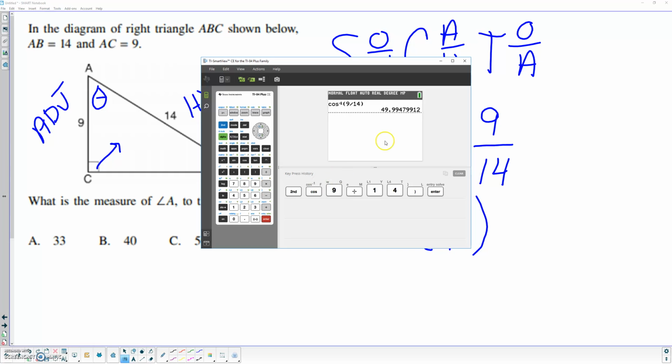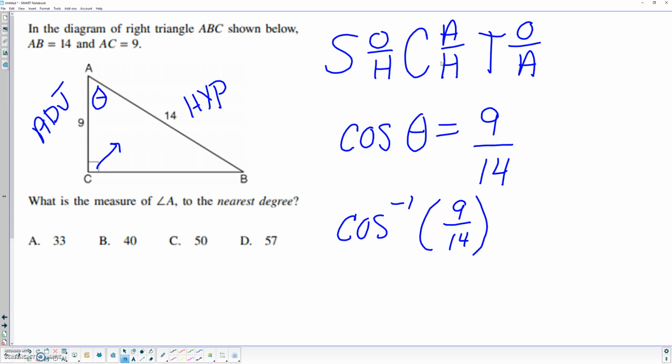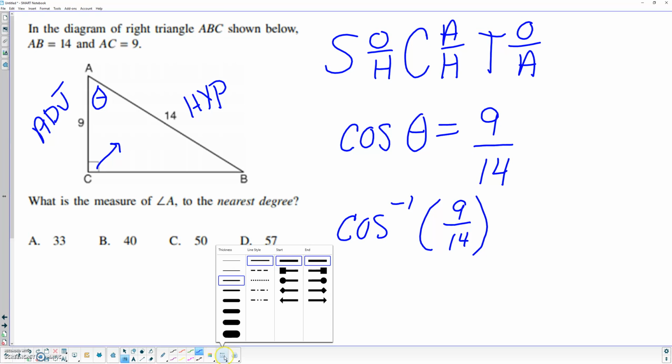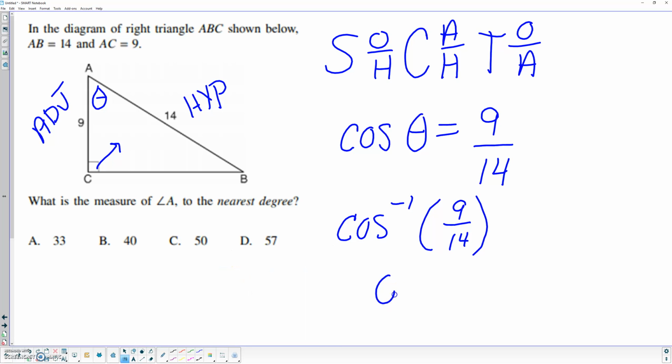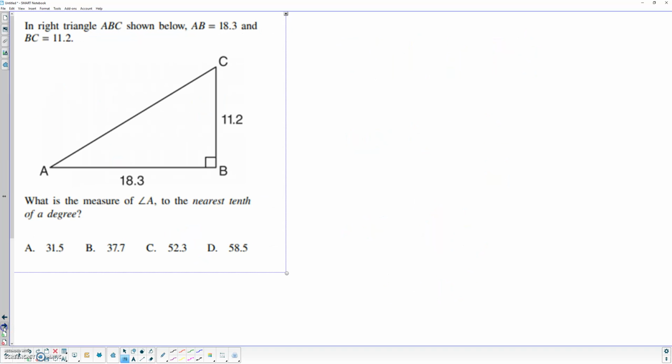Okay, so they wanted the measure of angle A to the nearest degree, so if I round that, we're going to get theta is approximately 50 degrees. Choice C. Okay, so again, when you're solving for an angle, you're always going to use the second button in the calculator.